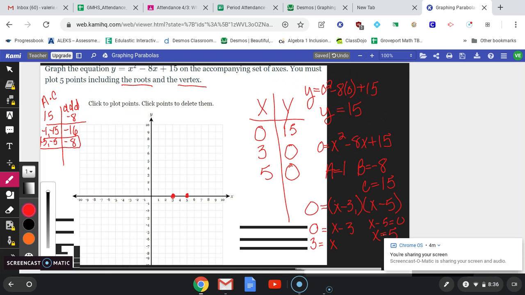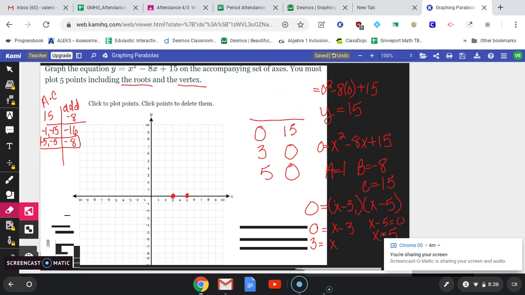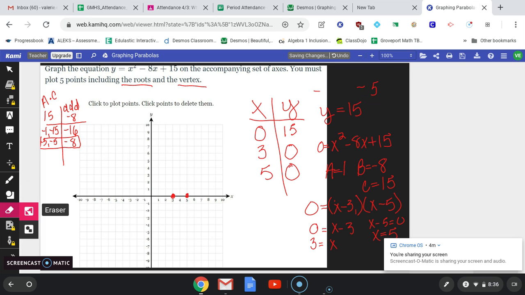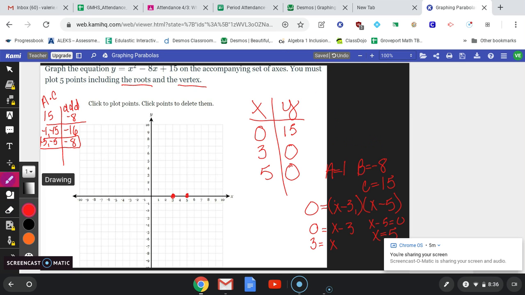Now we're going to have to erase some of this stuff. It also asks for the vertex. Oops, didn't mean to erase that. My goodness. So the vertex here, we have a formula to come up with the vertex. And that is, the vertex equals negative b over 2a.